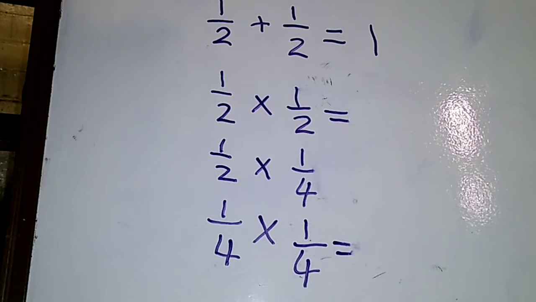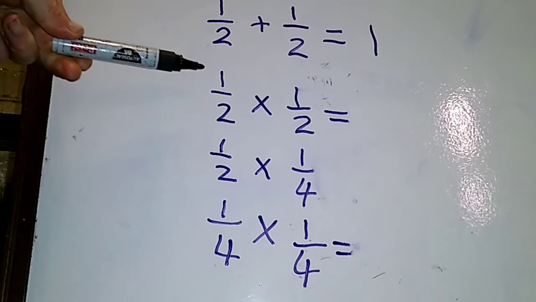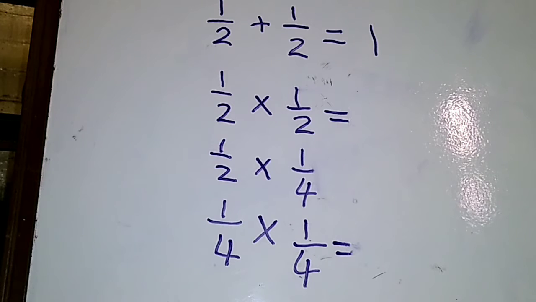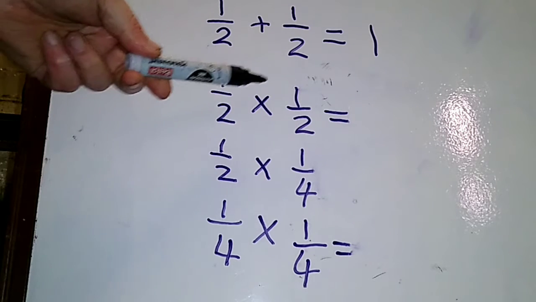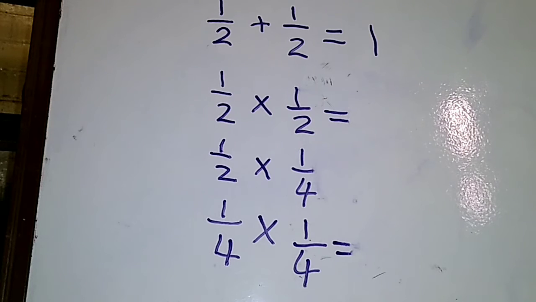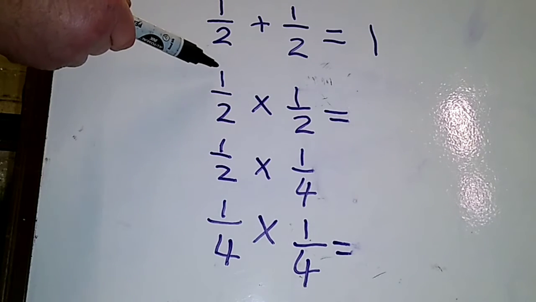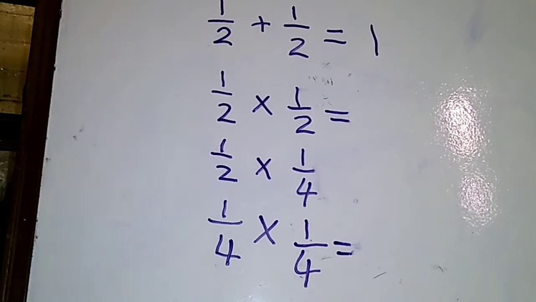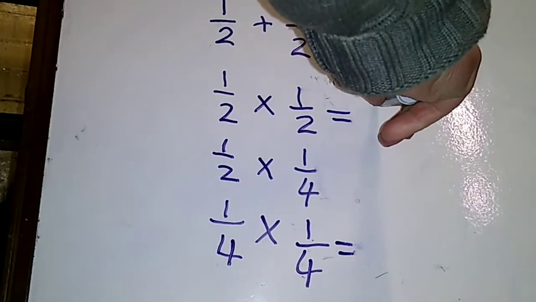We know that a half plus a half is 1. But what if you wanted to multiply a half by a half? Well, it's very, very simple. So a half times a half, take the top number, multiply by the top number. So 1 times 1 is 1.